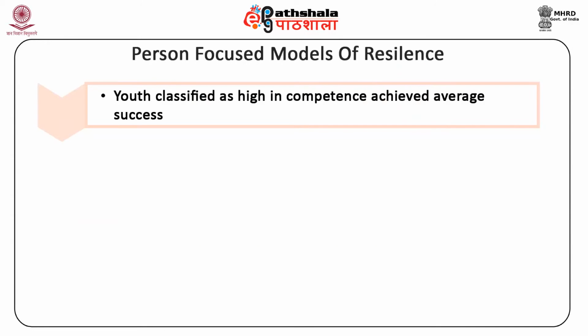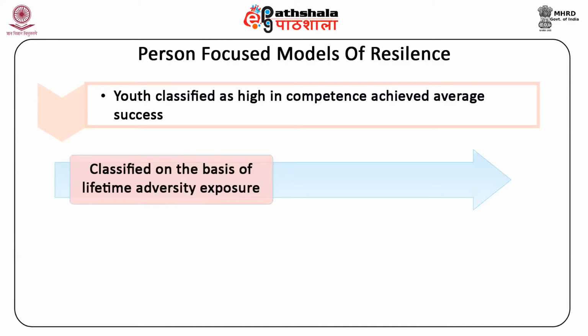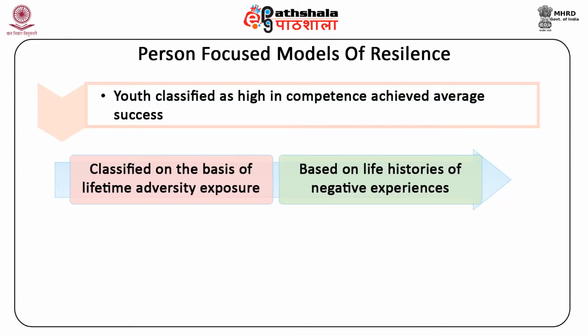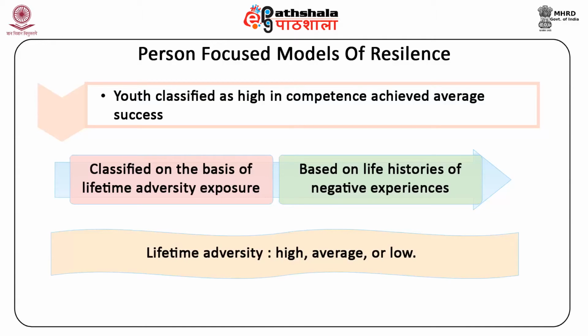Youth classified as high in competence had achieved at least average success on all three developmental tasks. They also were classified on the basis of lifetime adversity exposure based on life histories of negative experiences out of their control. Lifetime adversity was rated as high, average, or low.